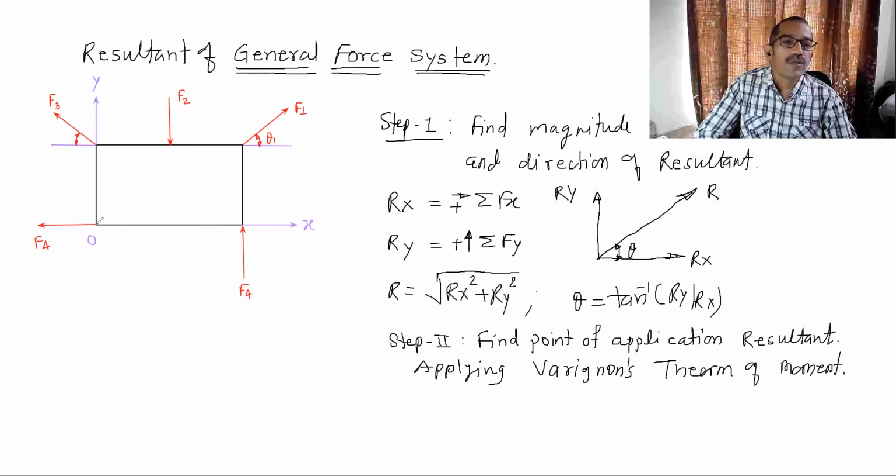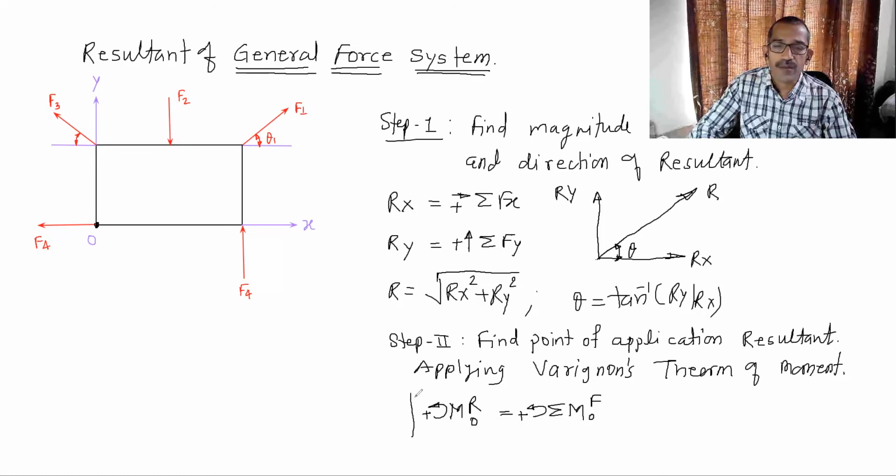So we take the moment of all forces about any convenient point, normally the origin, say point O. We get some sum of moments, maybe clockwise, maybe anti-clockwise, and then we equate that sum to the moment of the resultant. That means the moment of the resultant about any convenient point, taking anti-clockwise moment positive, equals the summation of moments of all forces about the same point O, taking anti-clockwise moment positive.